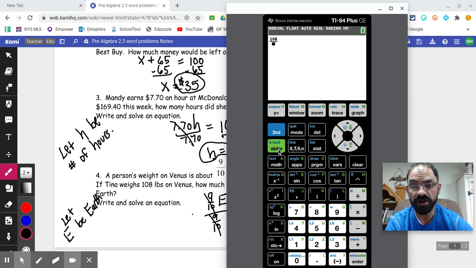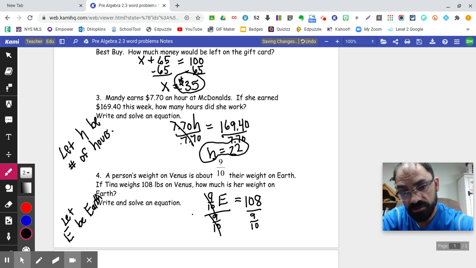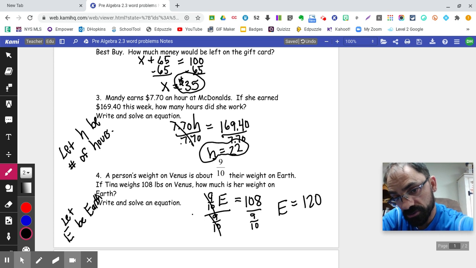So I want to insert a fraction in the bottom. And we divided by 9/10. And we get 120 pounds. So E equals 120.